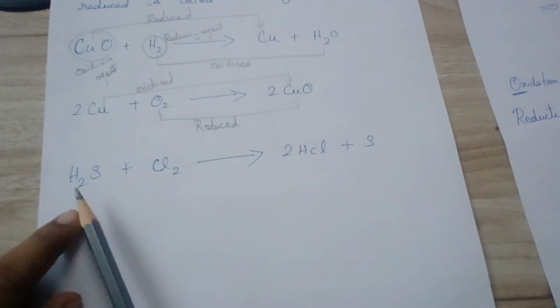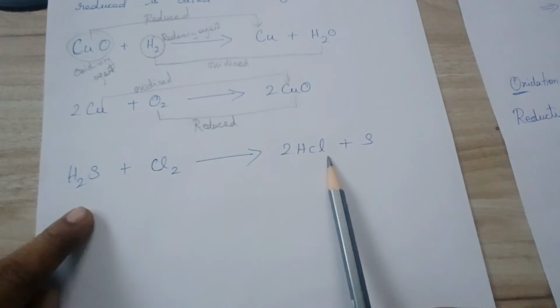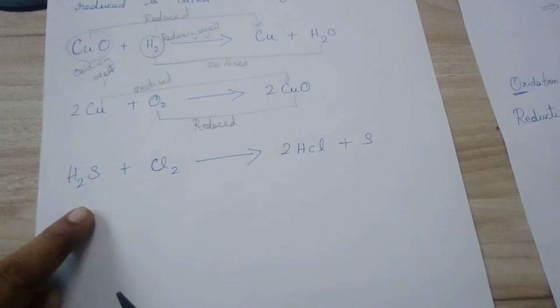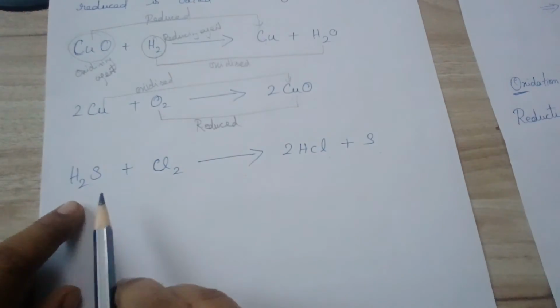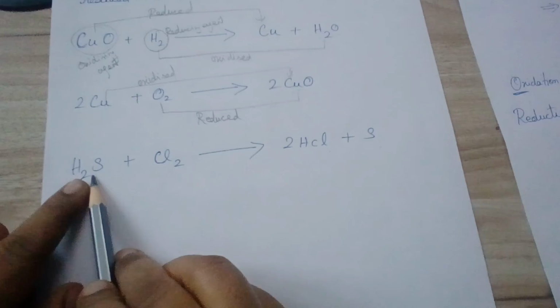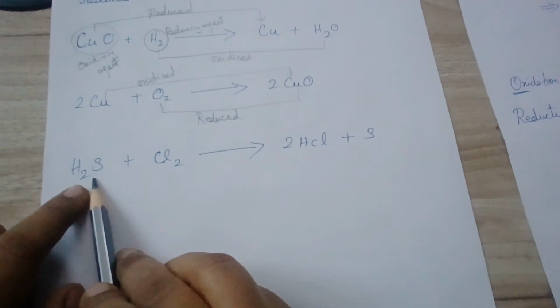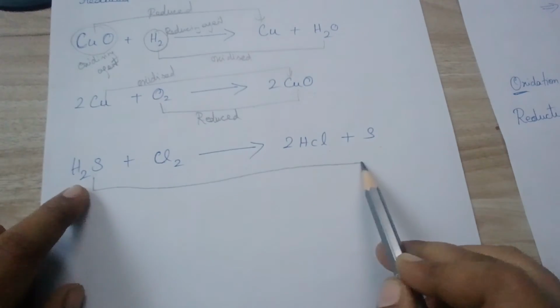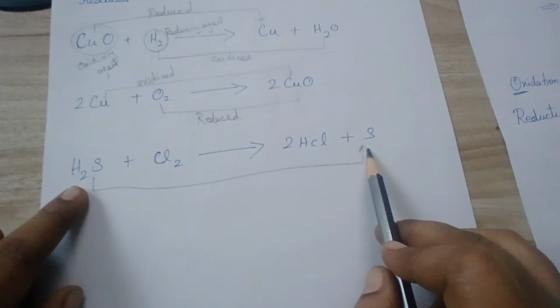Next, hydrogen sulphide reacts with chlorine to form hydrochloric acid plus sulfur. Now we'll find which one is oxidized and which one is reduced. From this hydrogen sulphide the sulfur is removed.